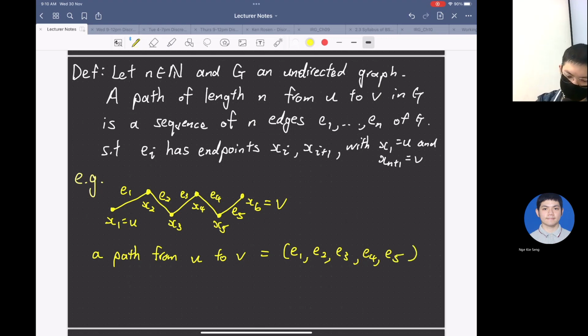But when your graph is simple, you can just use endpoints to denote it, because there's no ambiguity about which path you're taking.